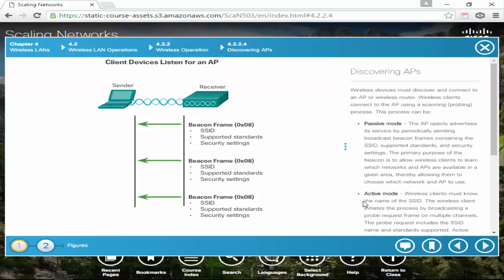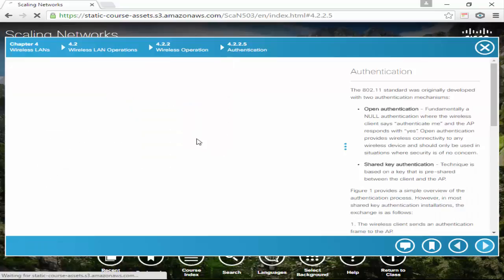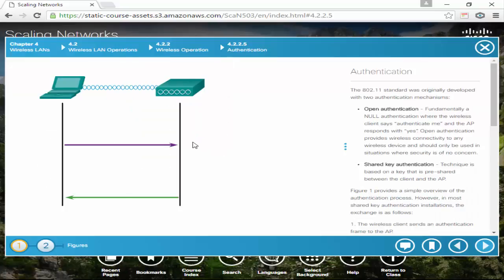So beacons are getting supported. The AP sends beacons, the sender sends probe requests, right? And I guess that has to do with active and passive mode. Alright, so open authentication.